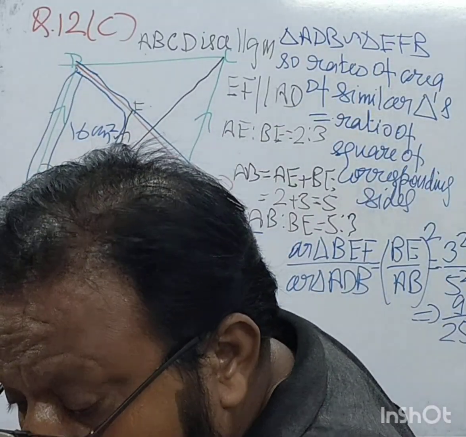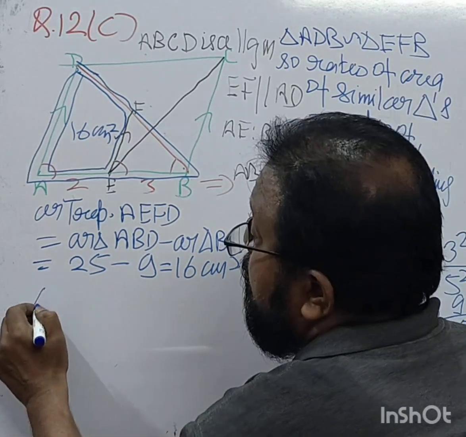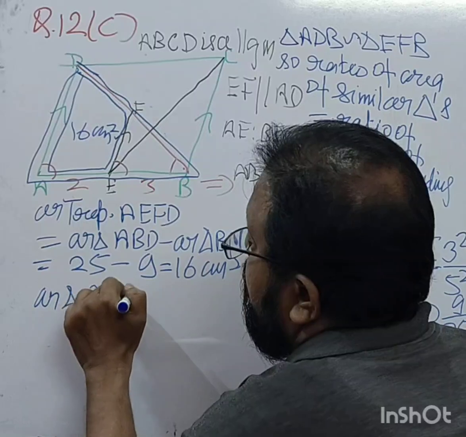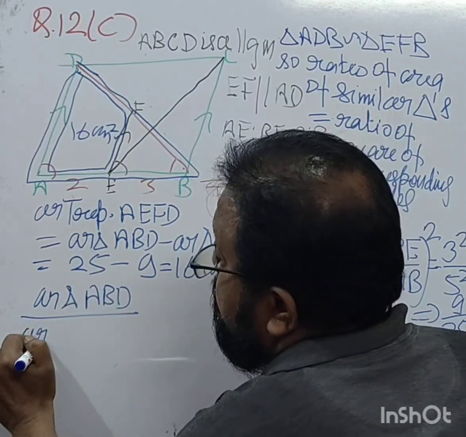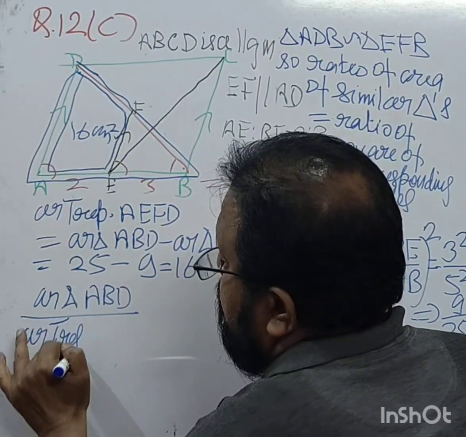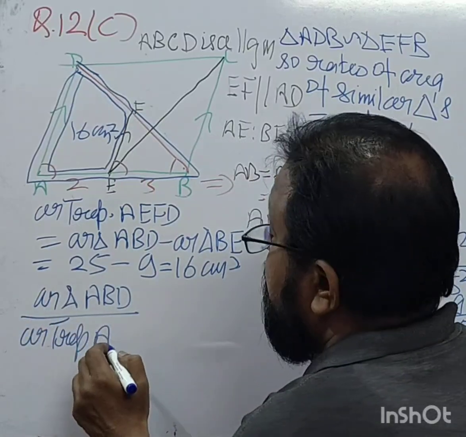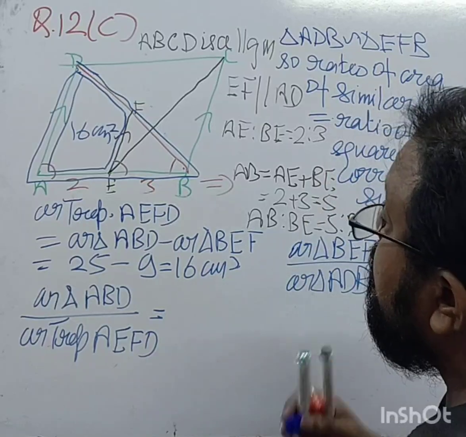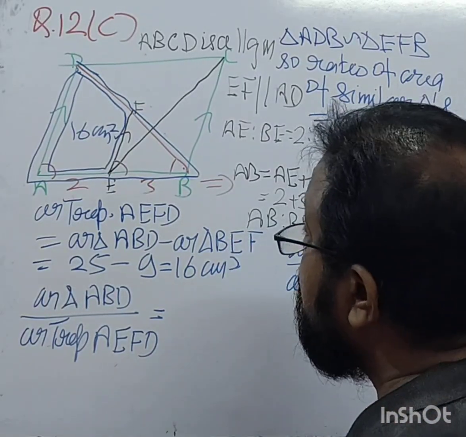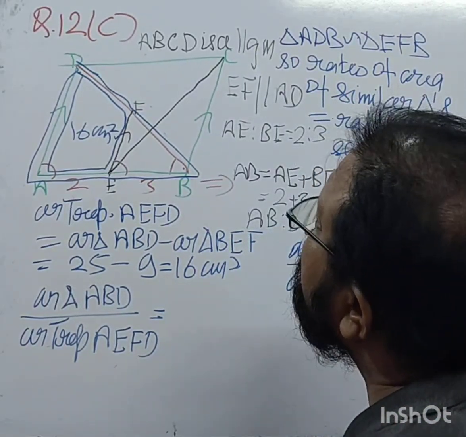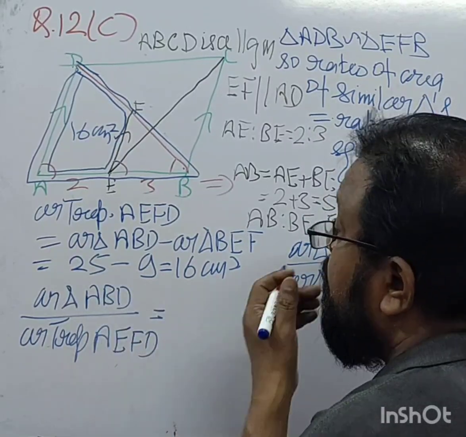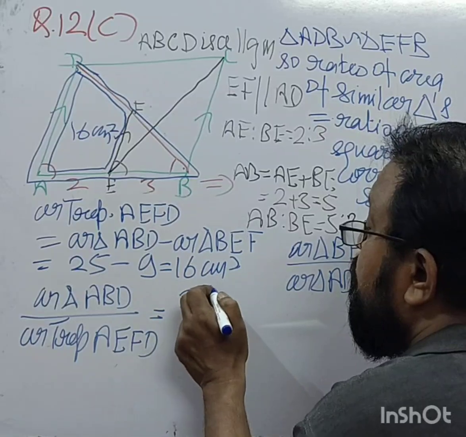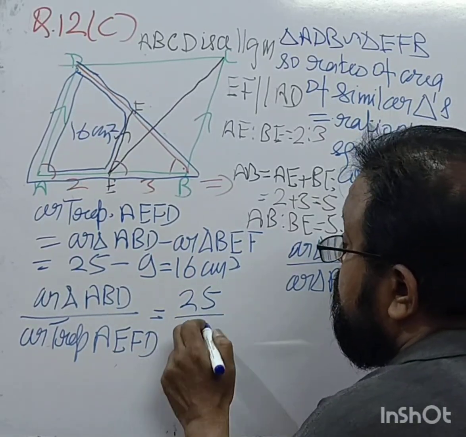Area triangle ABD upon area trapezium AEFD is equal to area triangle ABD is 25 upon 16.